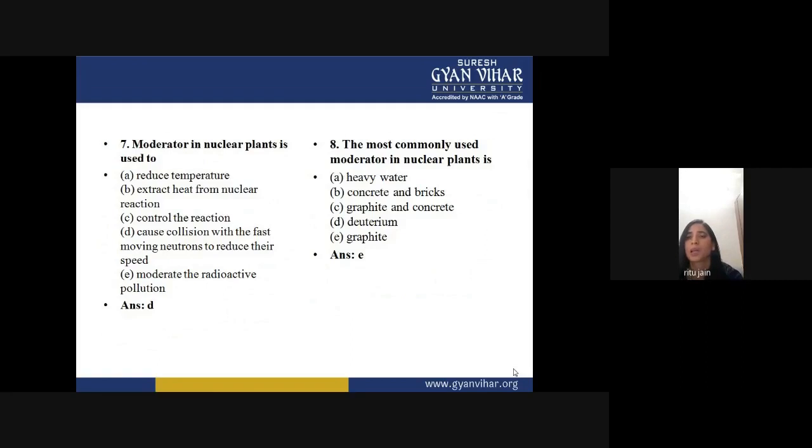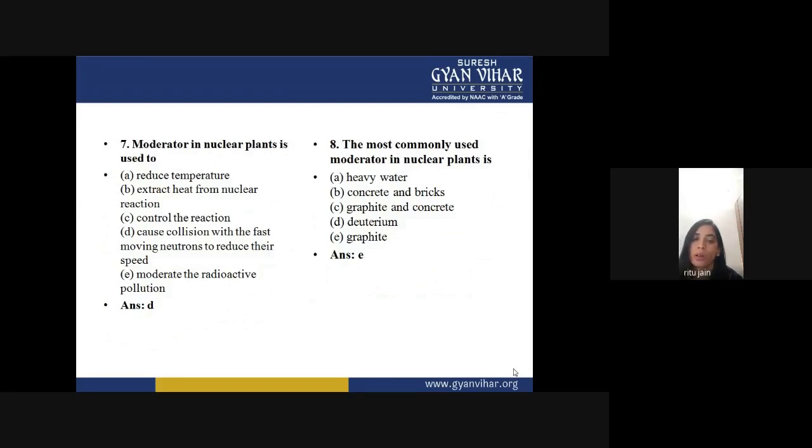Now another question. A moderator in a nuclear plant is used to: reduce temperature, extract heat from the nuclear reaction, control the reaction, cause collision with the fast moving neutrons to reduce their speed, or moderate the radioactive pollution.